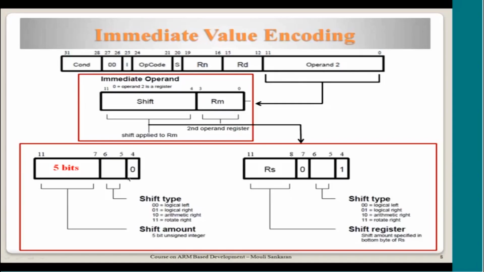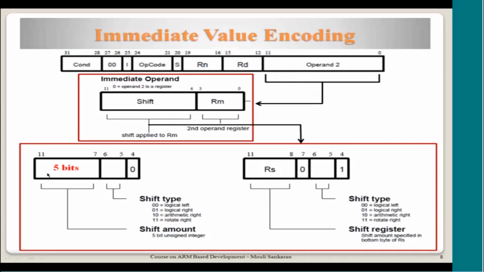Let us go to the left part of the format. If it happens to be 0, then the next 2 bits are interpreted as one of these operations: either logical shift left, logical shift right, arithmetic shift right, or rotate right. I told you about these instructions, how they differ. So based on these bit values, it will interpret it as one of them.